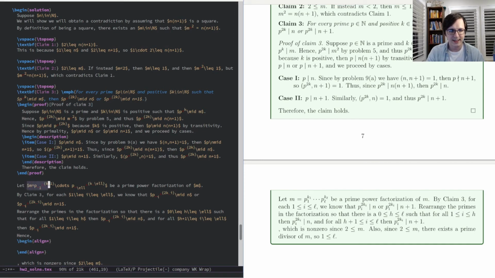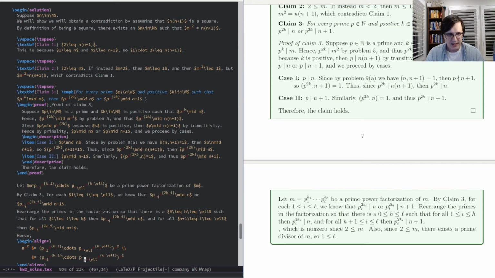So let's write this out as, so m squared is this thing squared, and let's just split it up.